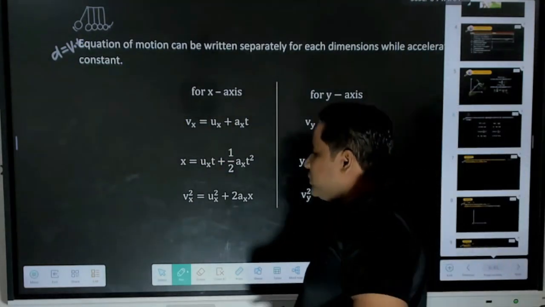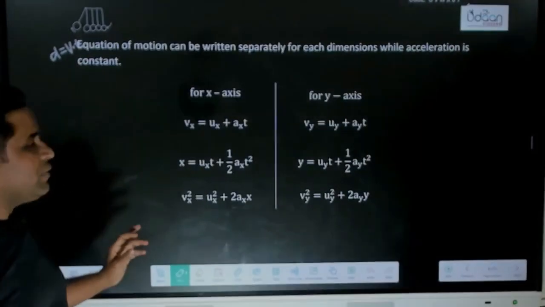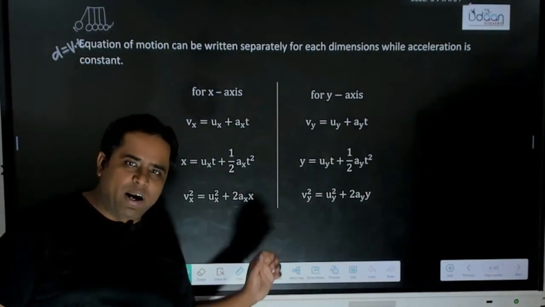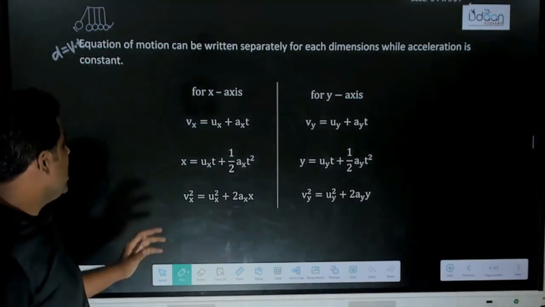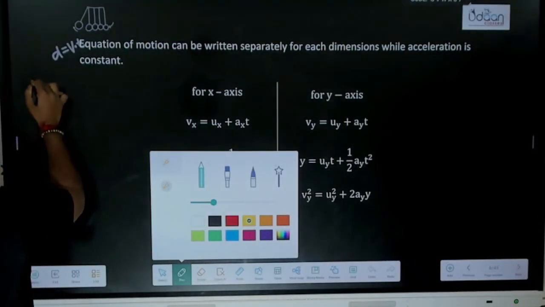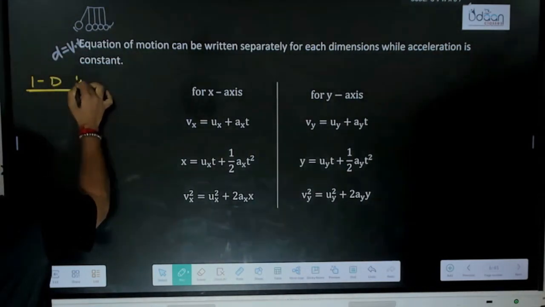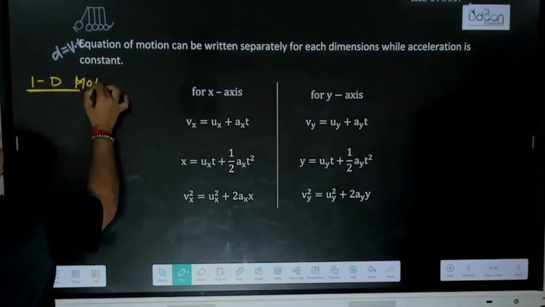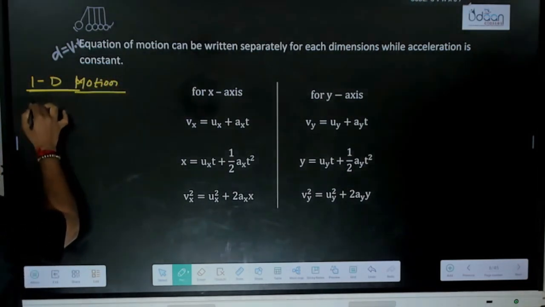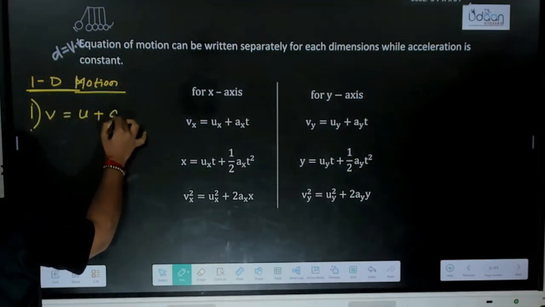Here I promised you that I am going to first cover the introductory part of the 2D motion. So here it is, the 2D motion part. We all know the conditions we have done in one-dimensional motion. You could have observed that in one-dimensional motion, the first equation is V equals U plus AT.